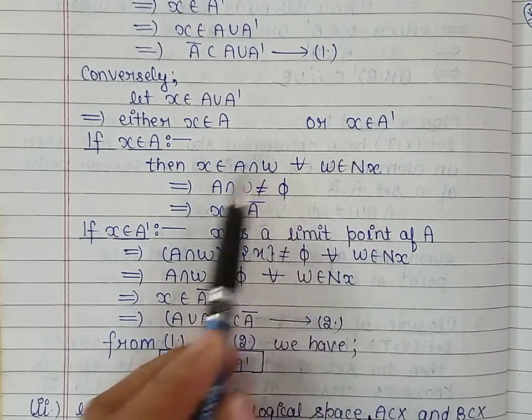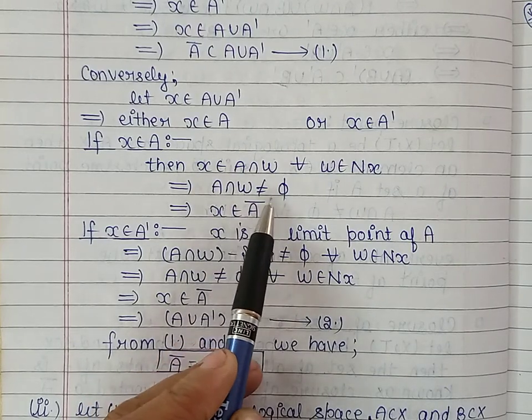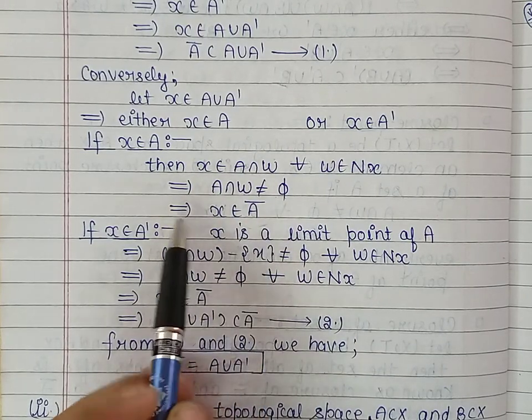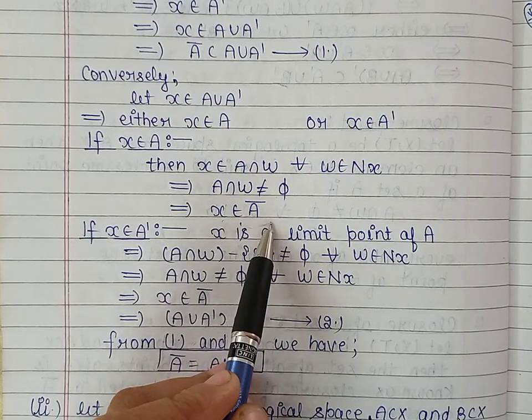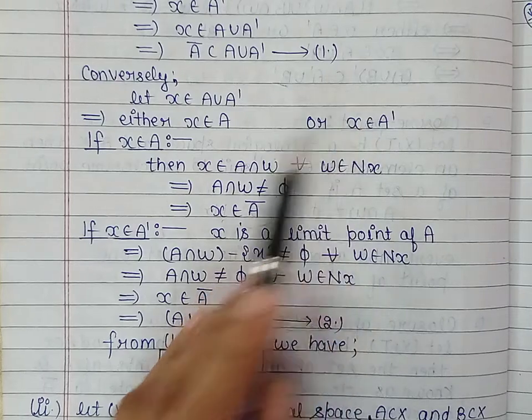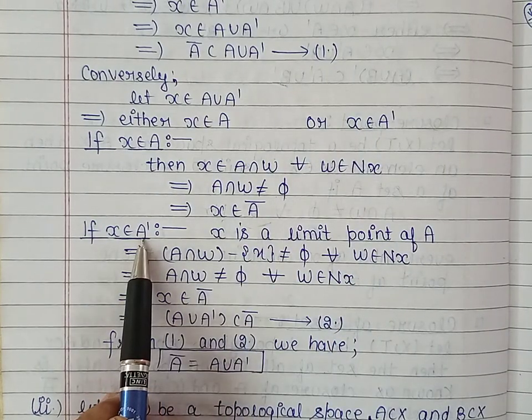So A intersection W is non-empty, and by definition it proves that x belongs to A closure.